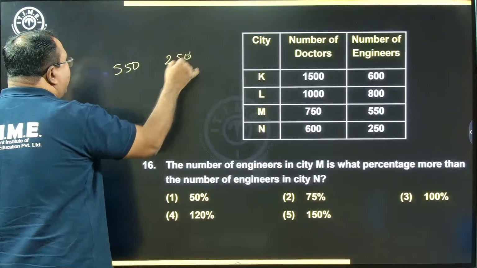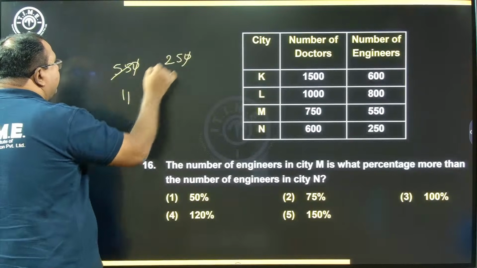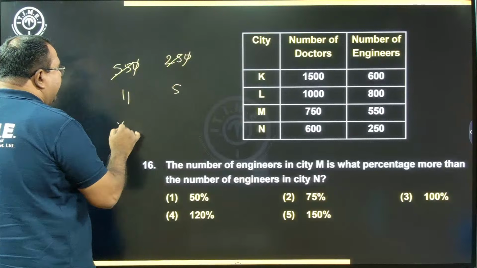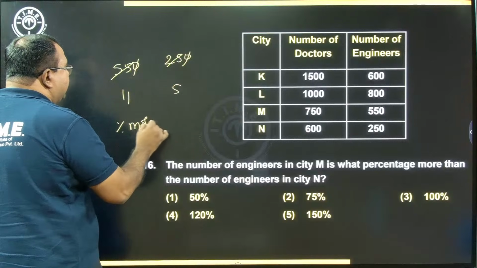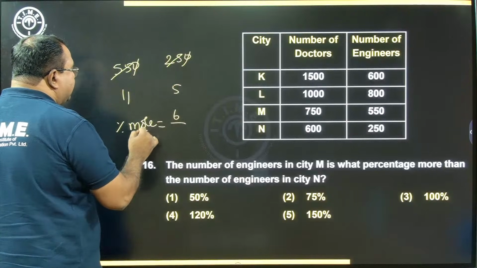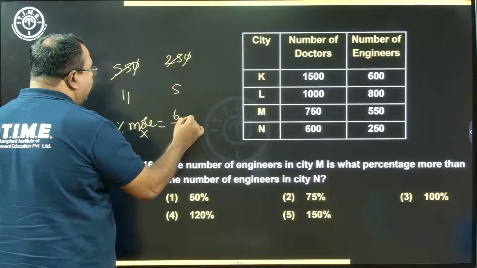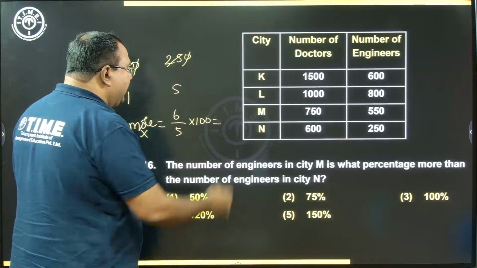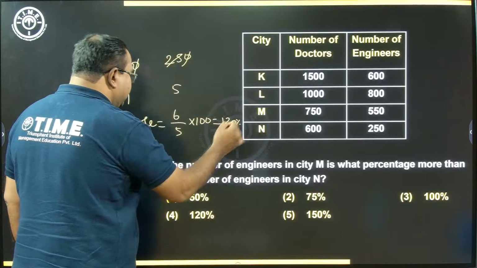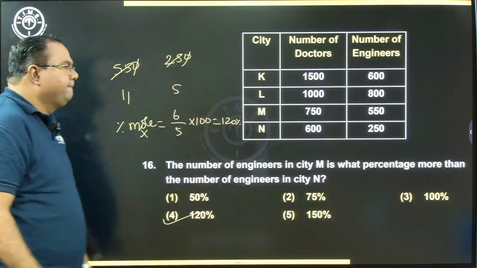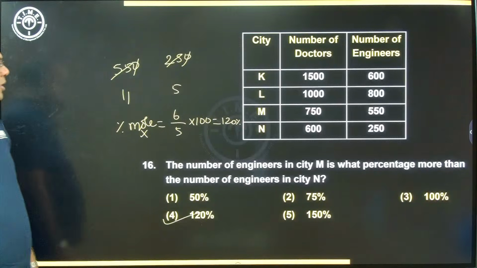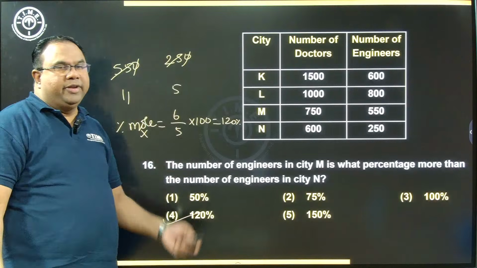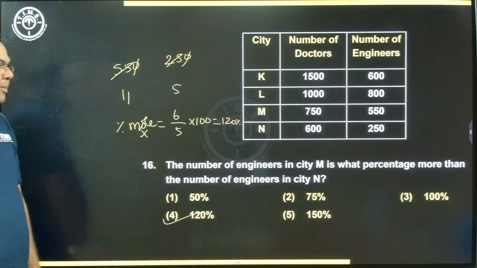I told you, remove common factor. Again 5 is common. What percentage more? Difference 6. Opposite of more is the smaller value, 5, into 100. So it has to be 120%. 600 by 5. 120%. Instead of doing it on 550 and 250, remove the common factor and do it, it will be better.